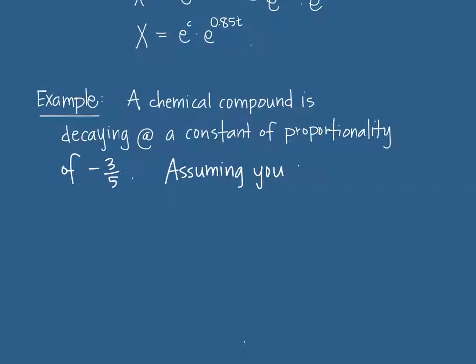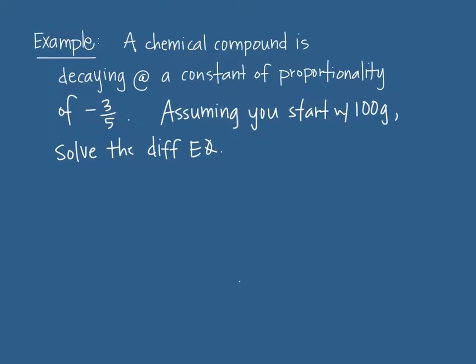Assuming you start with 100 grams, solve the differential equation. So we know it's got a constant of proportionality. We've got a chemical compound.